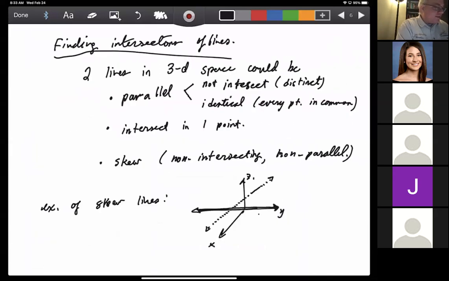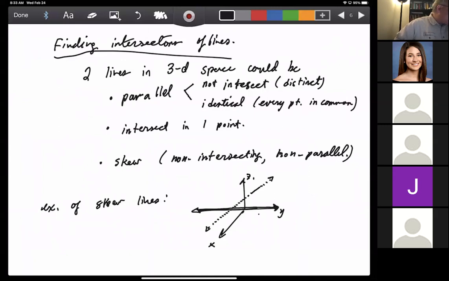So these are the possibilities. There are three possible ways that lines could be related to each other: parallel, intersecting, or skew. And the problem of distinguishing between these you could think of as a geometrical problem, where you try to draw the lines in three-dimensional space, or as an algebraic problem.